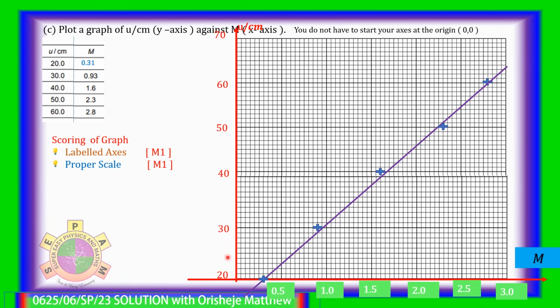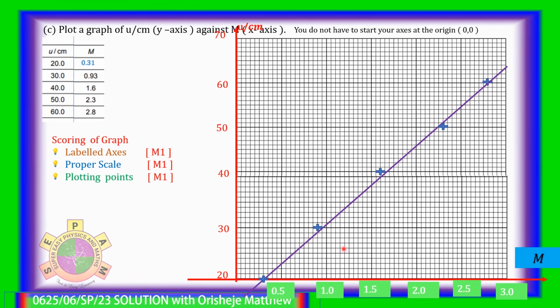Then proper scale: like this, you have 20, 30, 40, 50, 60, and 70, and then 0.5, 1.0, 1.5, 2. If you distribute your scale on the axis properly like this, you have 1 mark for the proper scaling. So even without plotting the graph, you already have 2 marks out of the 4 marks.